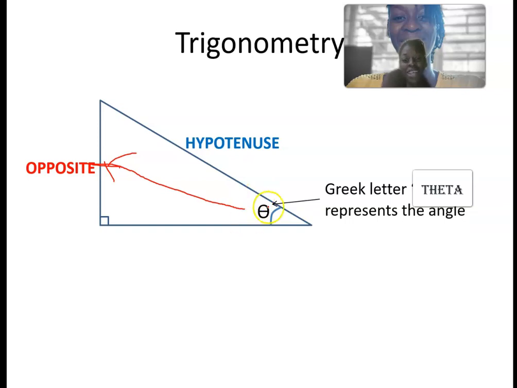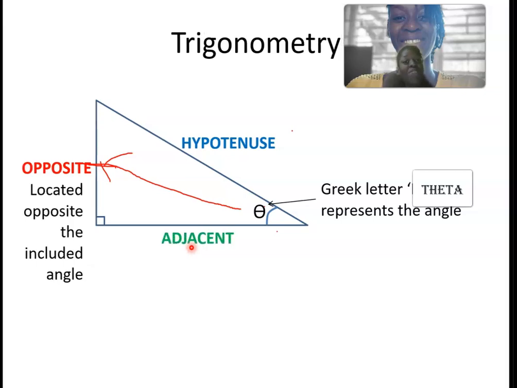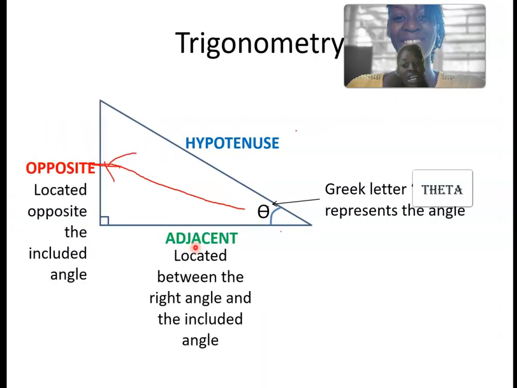Right, and then as you can see right there, the opposite side is located opposite to the included angle. The included angle refers to the acute angle. Then we have the adjacent side, which is located between the right angle and the included angle.